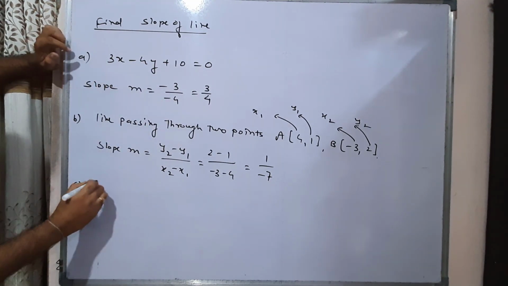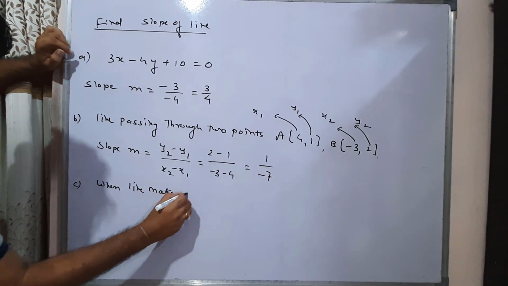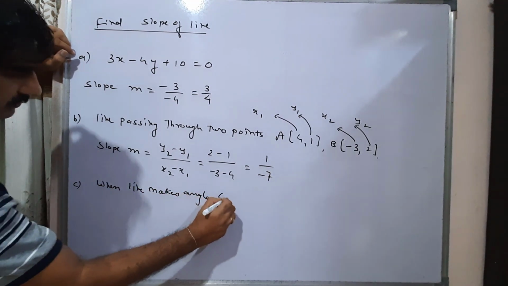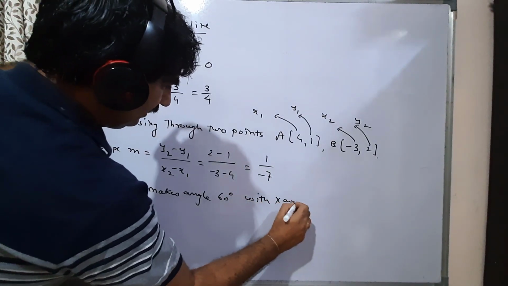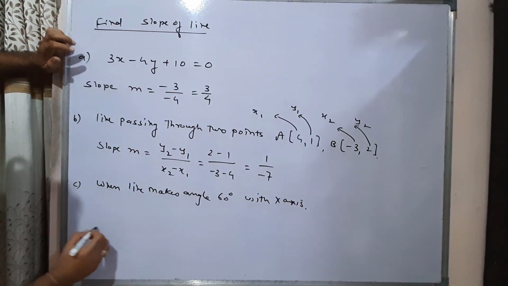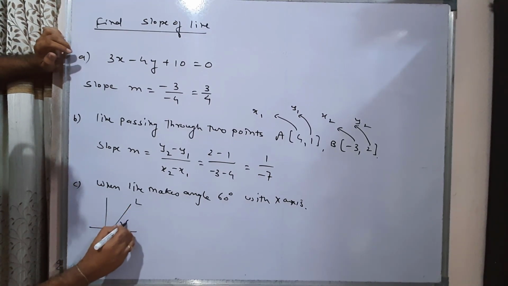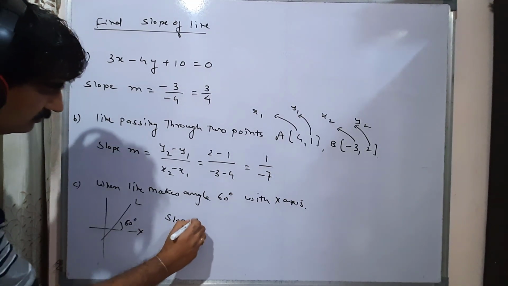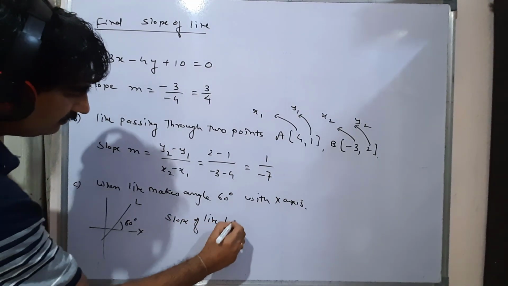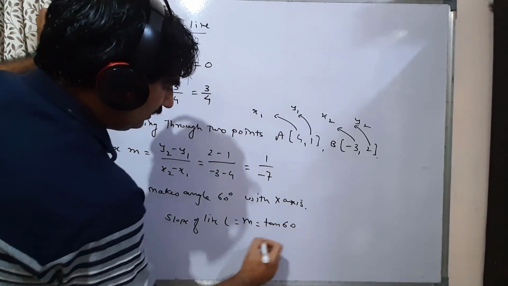Now when a line makes an angle of 60 degrees with the x-axis, that is, if the line makes an angle of 60 degrees, then the slope of line L is equal to m equals tan 60.